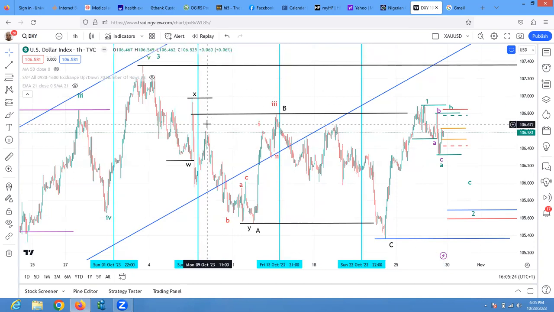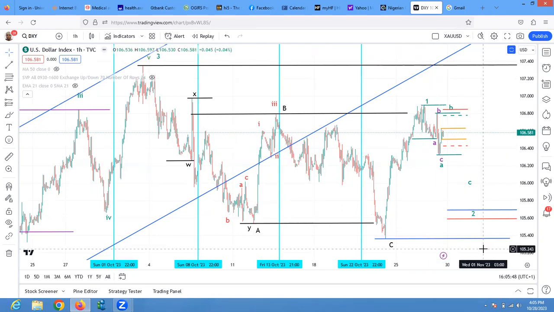Or is what we are seeing here as a double 2 going to become a double 3? Where this one has become probably W, X, Y, so we've had an X here and a Y here. Is this going to be an X to now have a Z to the downside? Which means that you are calling more correction to the downside, and that will be an X, a Z.